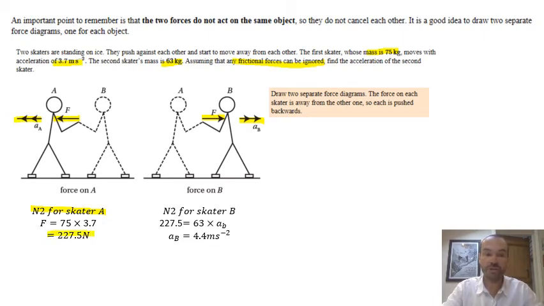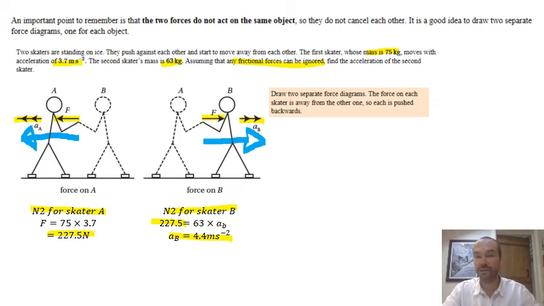We then state Newton's second law for skater B using the same size of force, but notice for skater A, the force and the acceleration were both that way. For skater B, the force and the acceleration are both this way. So we end up with this acceleration. Skater B weighs less. Skater B's acceleration has a greater size whilst they are in contact with each other.